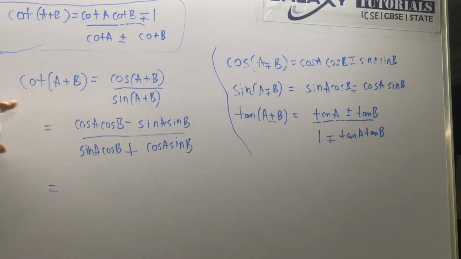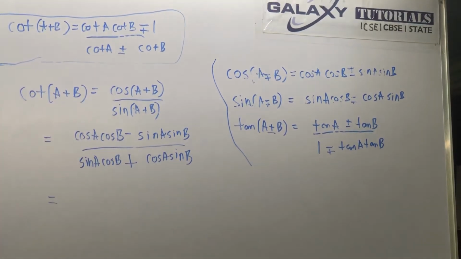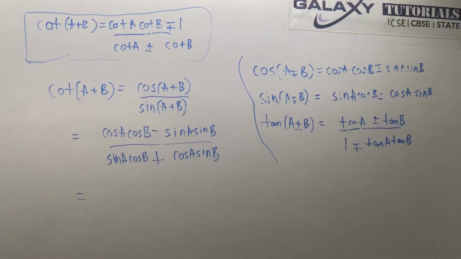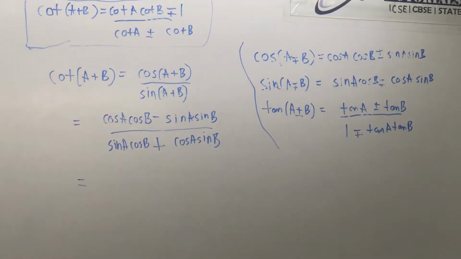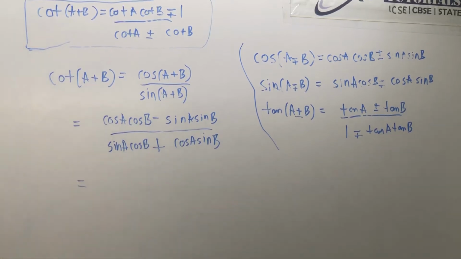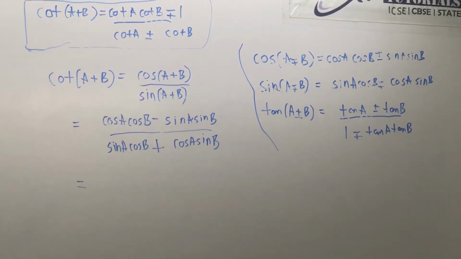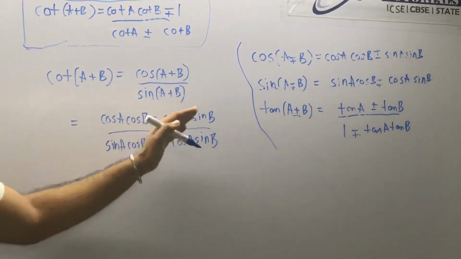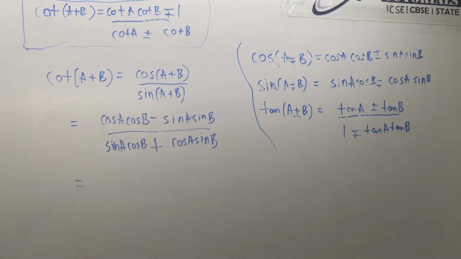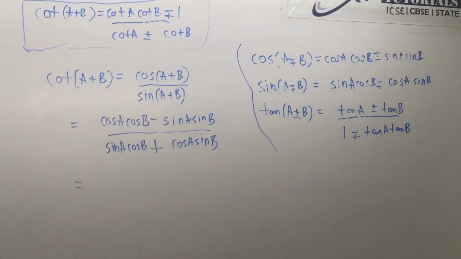Since this is a cot formula, we have to try and find the answer in the form of cot. So how will I convert this numerator and denominator into cot? You know that cot is cos upon sin.